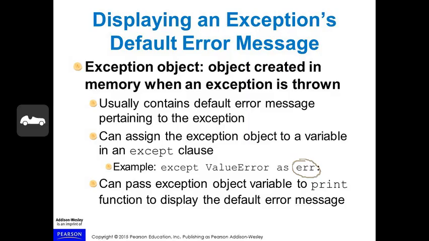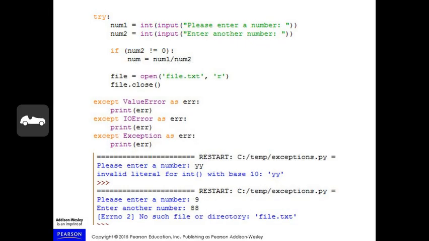And after doing this, in the exception handler, you can pass the err variable to the print function to display the default error message that Python provides for that type of error. So it's the same example as the previous example, except that I added this as err here, and then I can print this error.